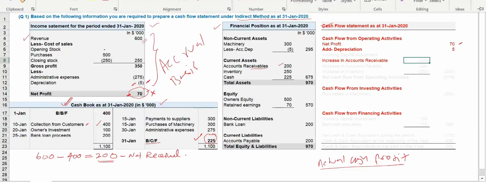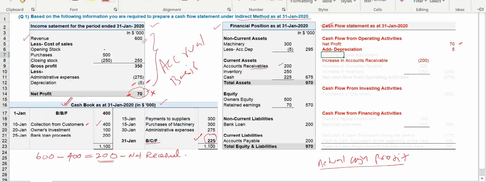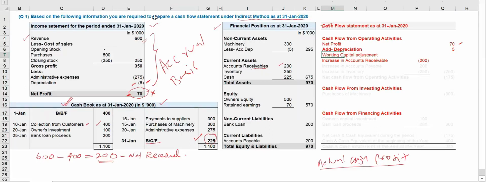This we categorize under a special heading called working capital adjustment. Since AR falls under the working capital category, we need to categorize this under working capital adjustment.